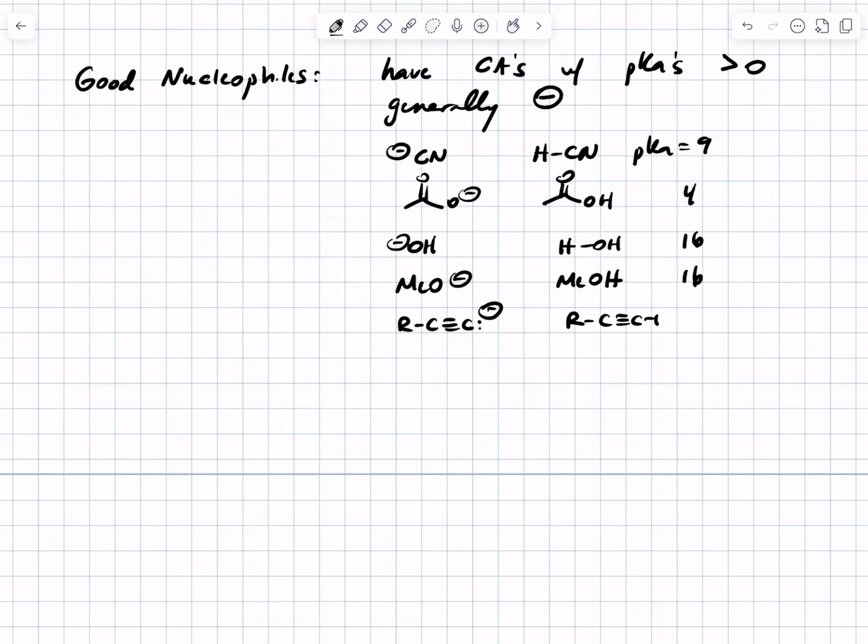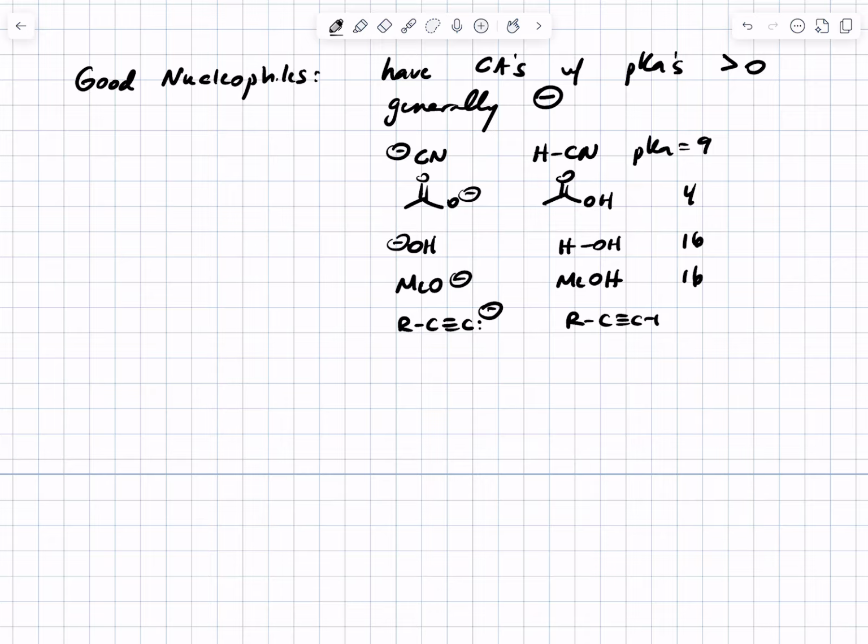The category of good base is going to overlap somewhat with molecules that are good nucleophiles. Molecules that are good bases in general will have conjugate acids with pKa's greater than or equal to 16. So you're going to see some of the items on our list above for good nucleophiles are not going to show up on our list of good bases.